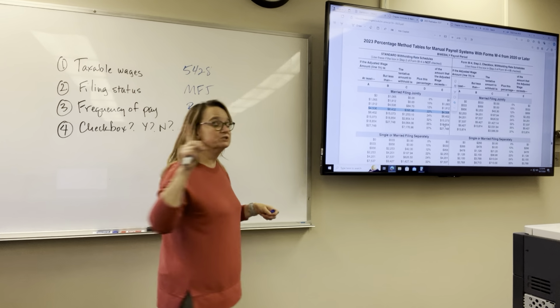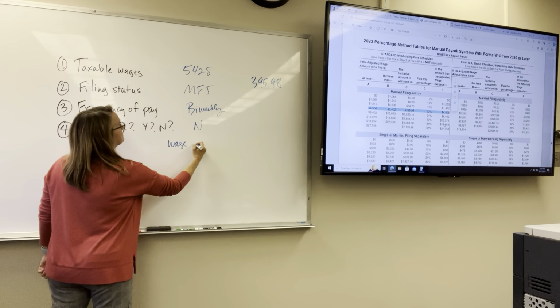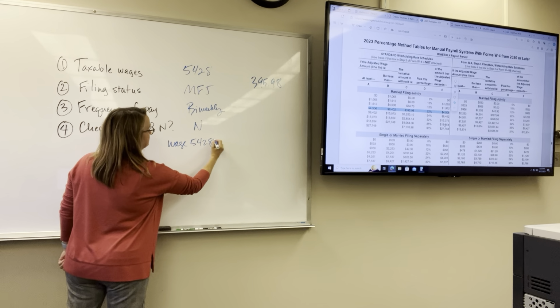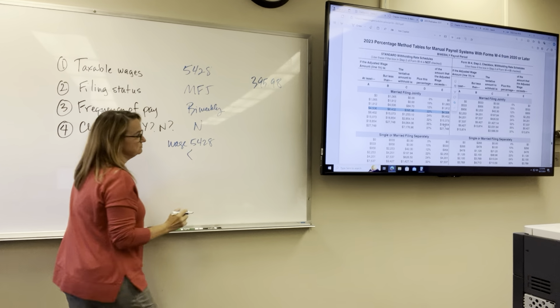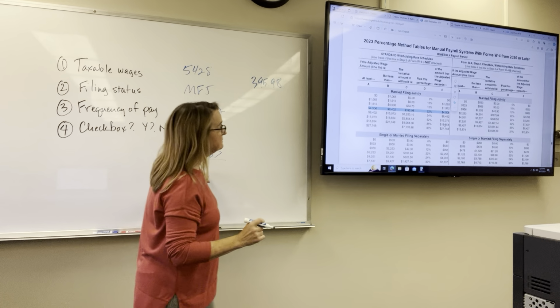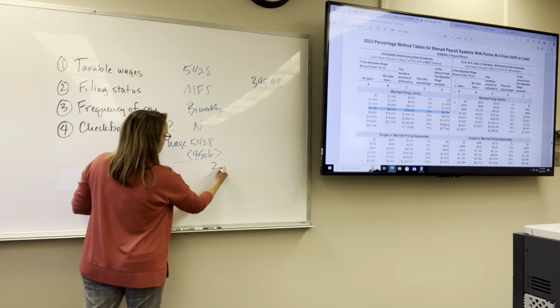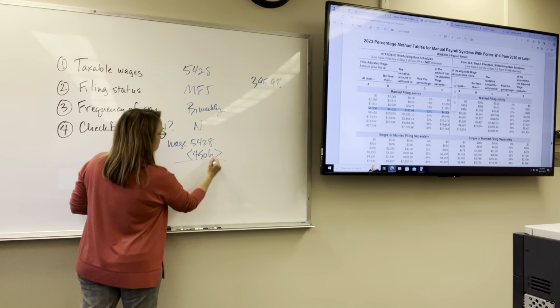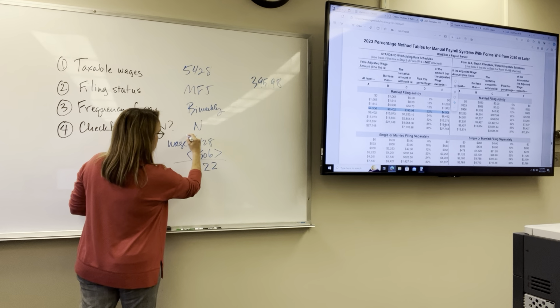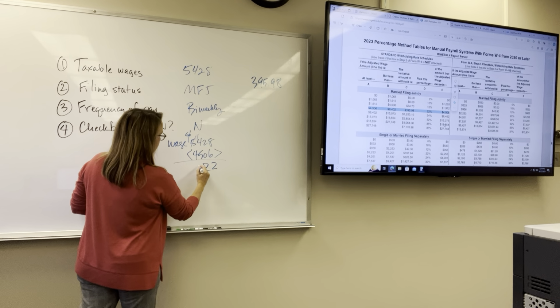Plus 22% of the amount of the wage that exceeds $45.06. So what we're going to do is take our wage, which is $54.28, and subtract $45.06 in order to get the amount of the wage that exceeds the $45.06. So what do we have here? 9.22.